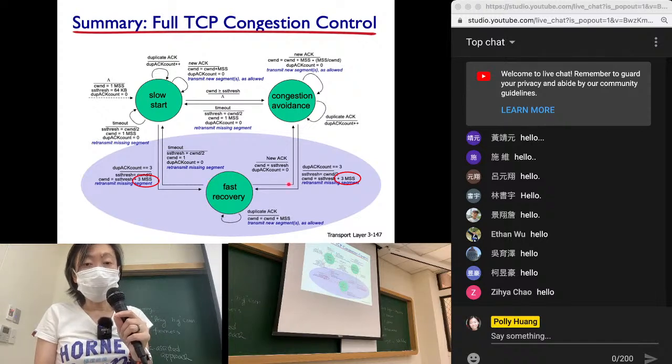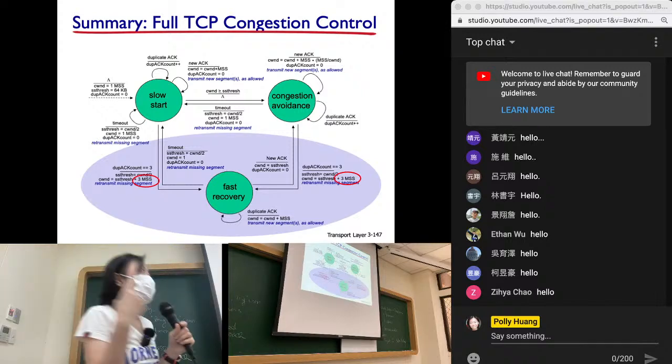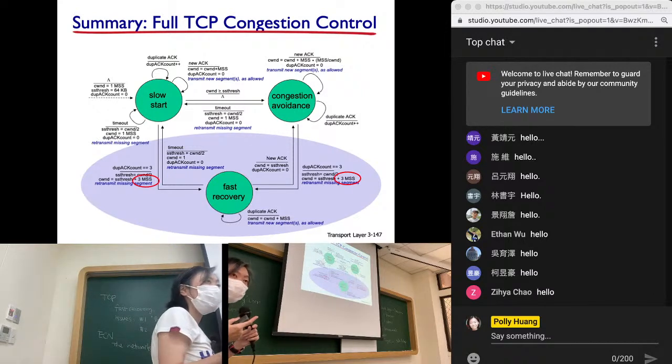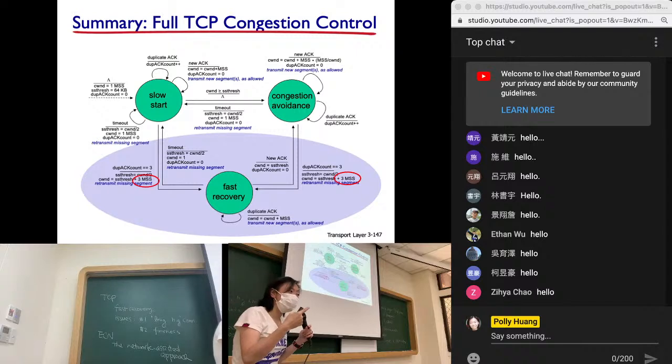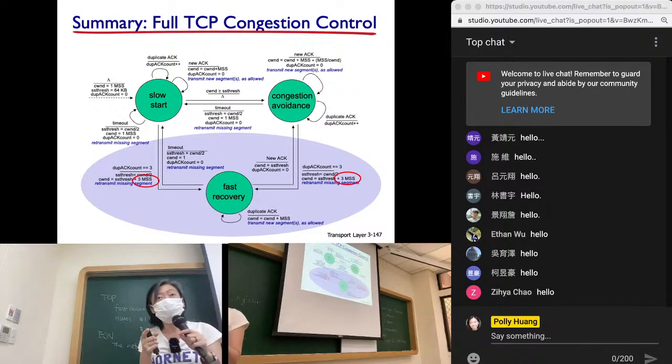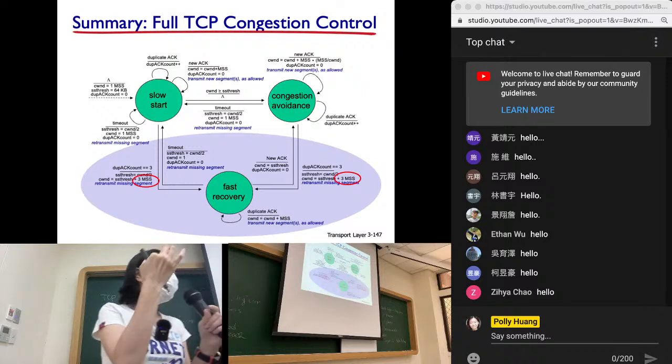And the difference is actually in the red circle. We changed the ssthresh to half the window size. Previously, we changed the window size to ssthresh, but now it's what? ssthresh plus 3 MSS.